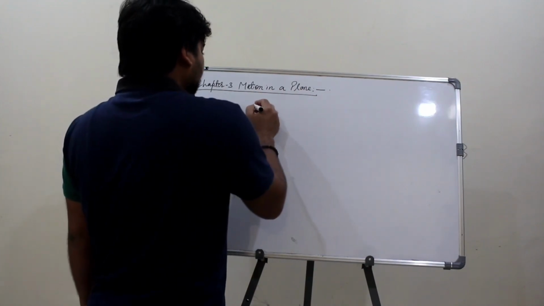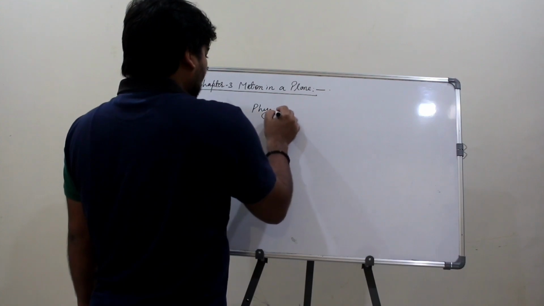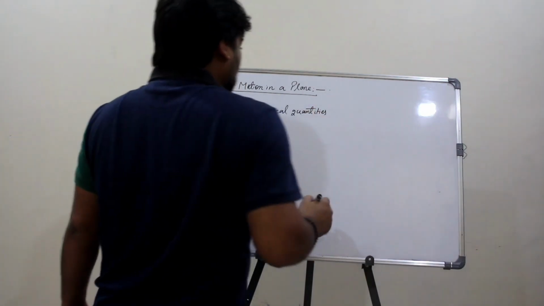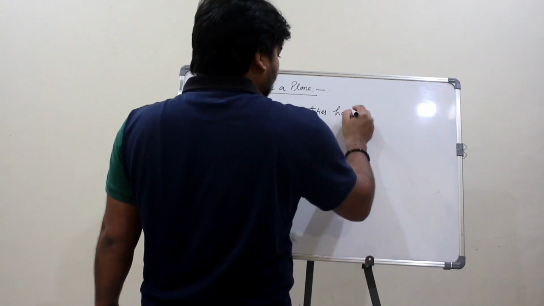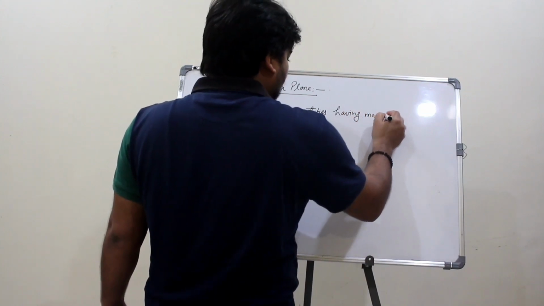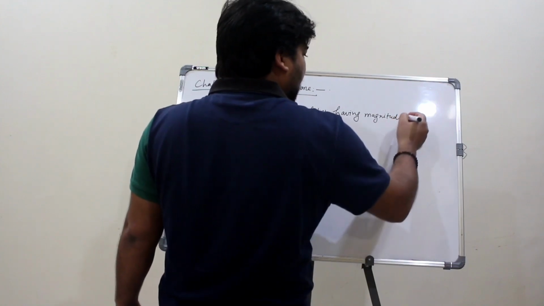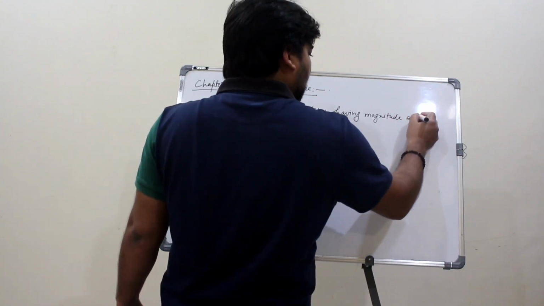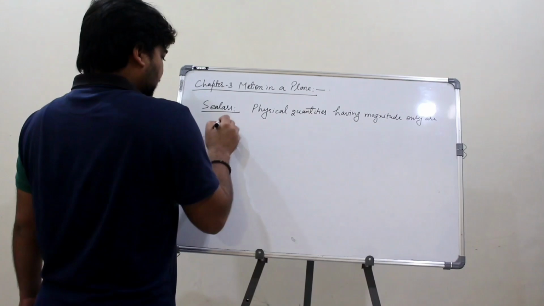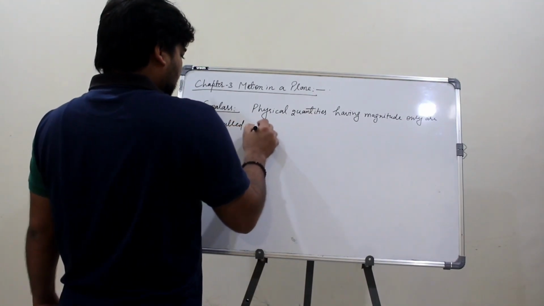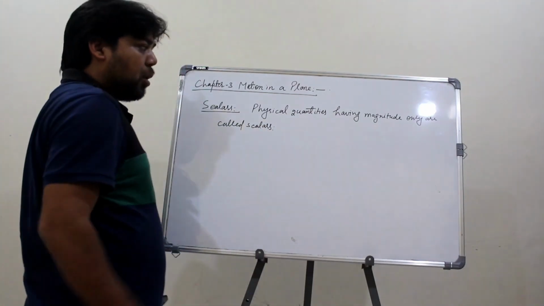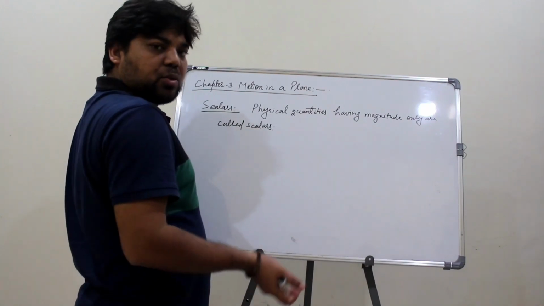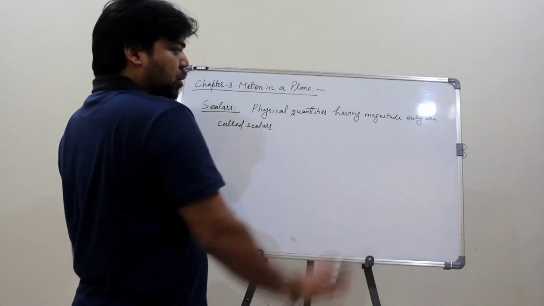Scalars are physical quantities having magnitude only. Those physical quantities which have only and only magnitude are called scalars. Now the important thing to understand here is, why is it that a scalar has only magnitude?